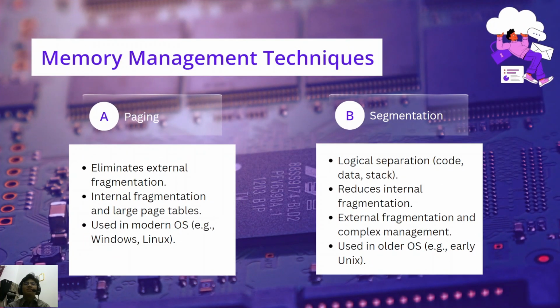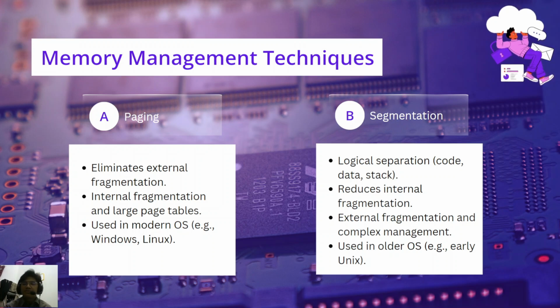First is memory management techniques: paging and segmentation. For paging, first, it eliminates external fragmentation. Second, it has internal fragmentation and large page tables. And it is used in modern OS like Windows and Linux.